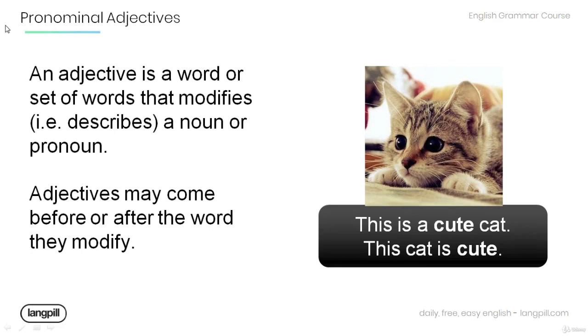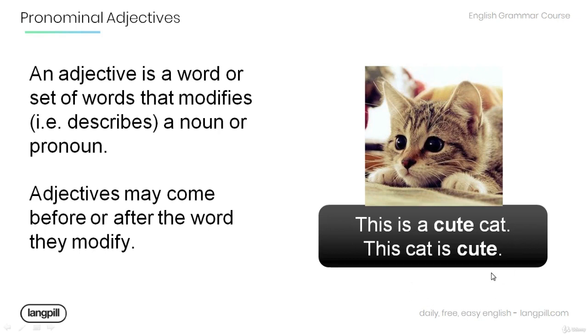Remember that an adjective is a word or set of words that modifies, in other words, describes a noun or pronoun. Also note that adjectives may come before or after the word they modify. Have a look at the example over here. This is a cute cat.